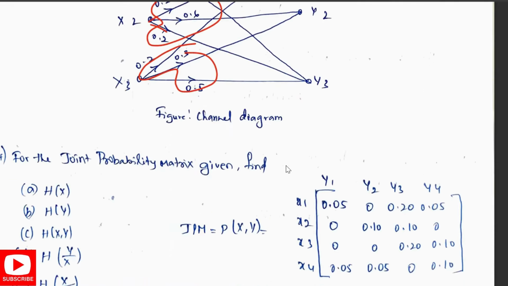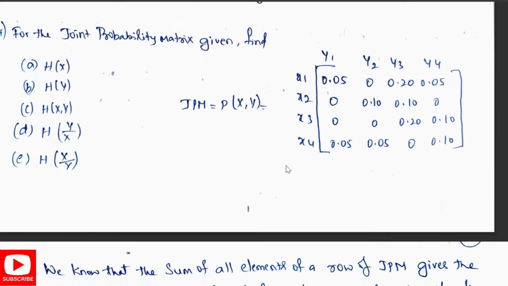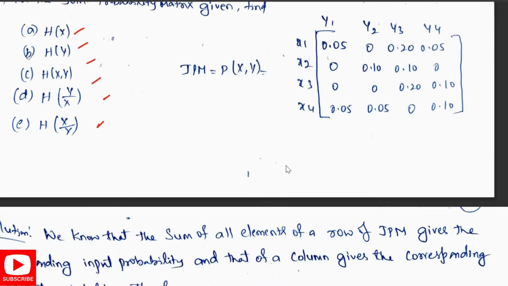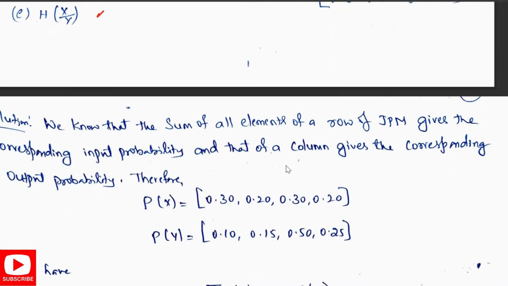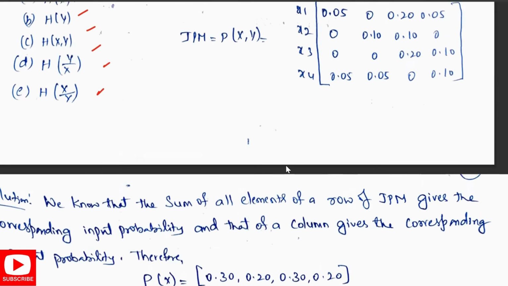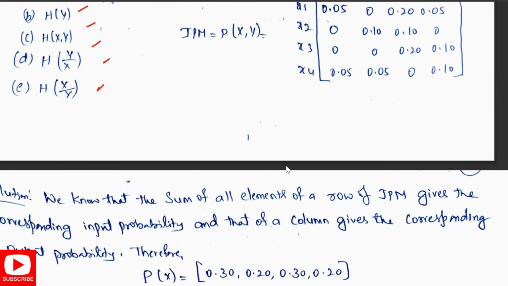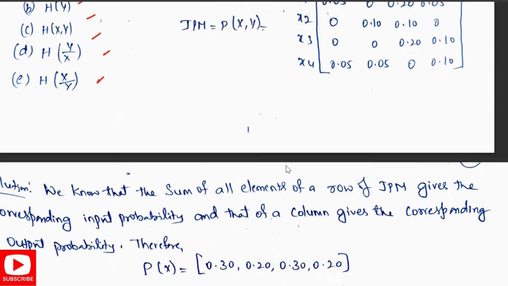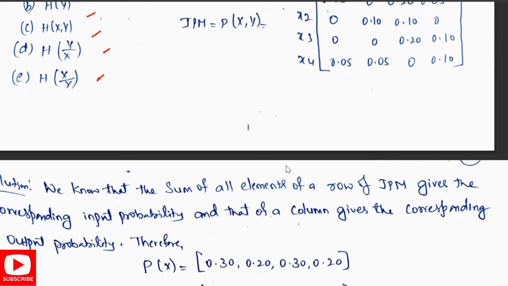Next comes the joint probability, where you need to find these values when the joint probability matrix is given like this. This is also an important question. Here we know that the sum of all the elements of a row gives the input probability, and that of a column gives the output probability.